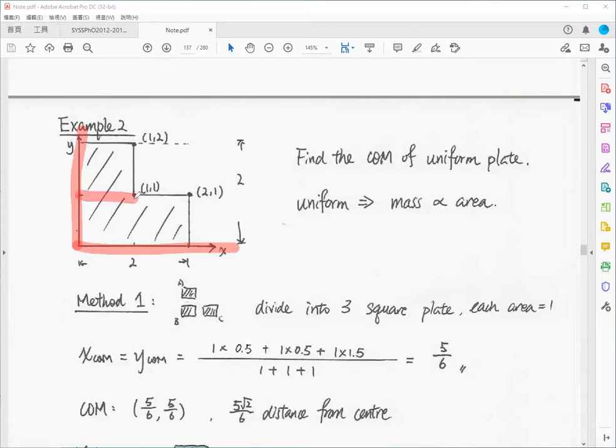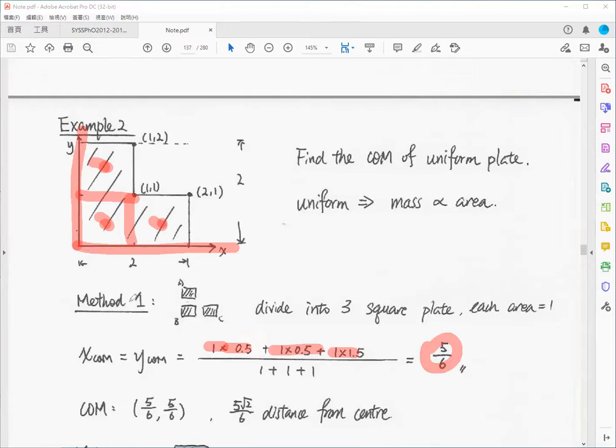Then you just cut it into three squares, and the centers of the squares are these 3 points. So you see 1 times 0.5 this one, plus 1 times 0.5 this one, plus 1 times 1.5 this one. Therefore you get the center of mass of x to be 5/6.